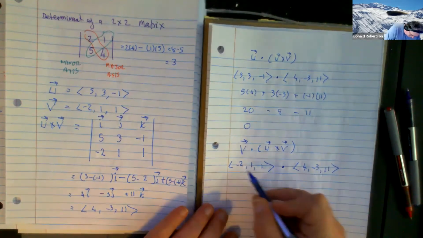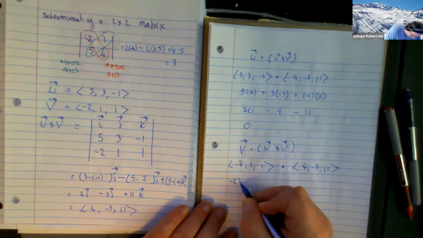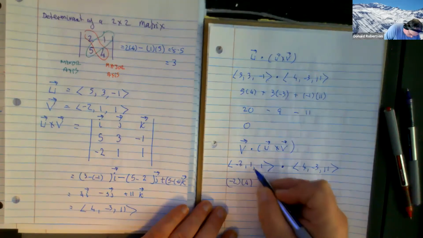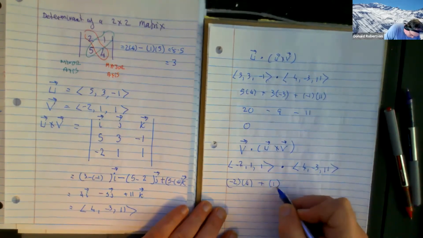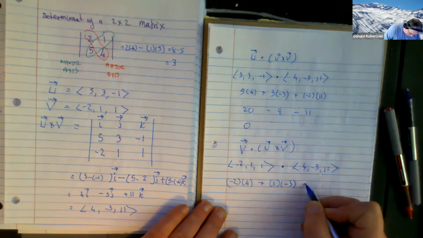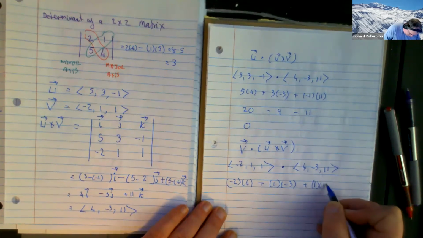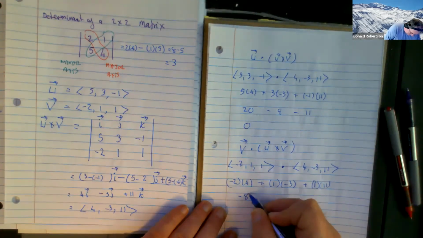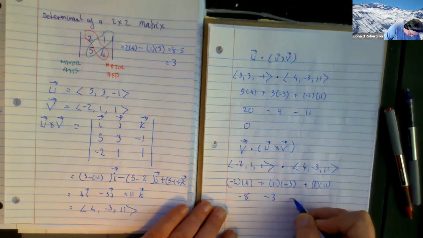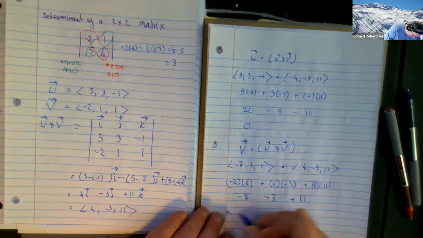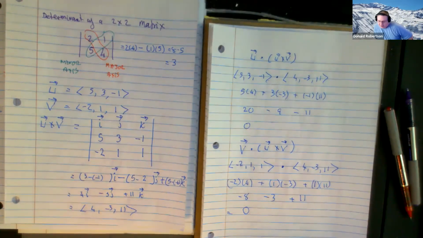So -2 times 4 plus 1 times -3 plus 1 times 11. So -8, -3, plus 11. Give me a prize.